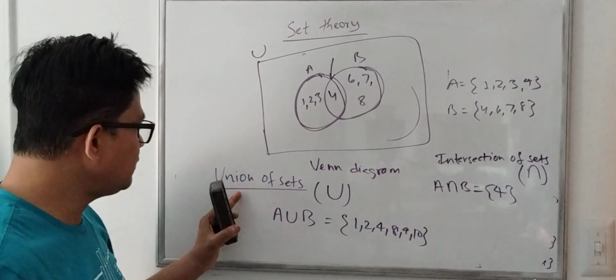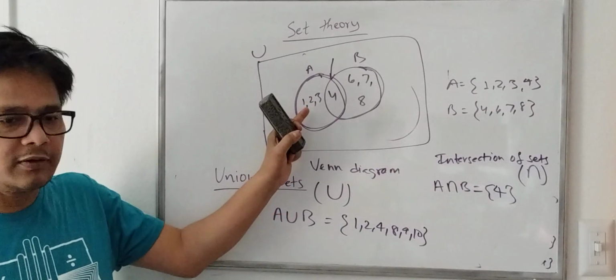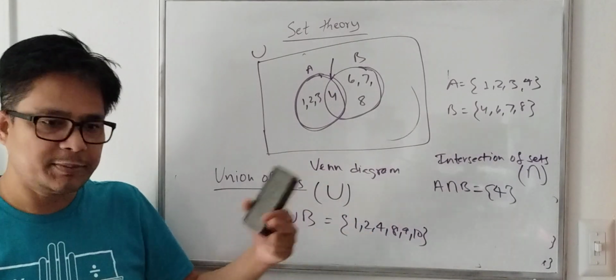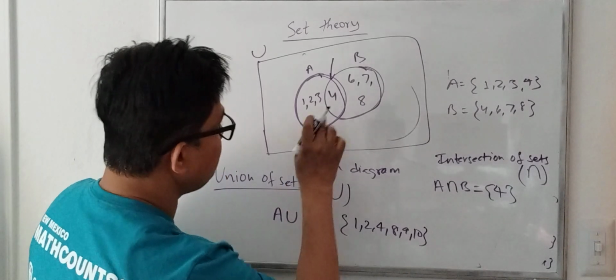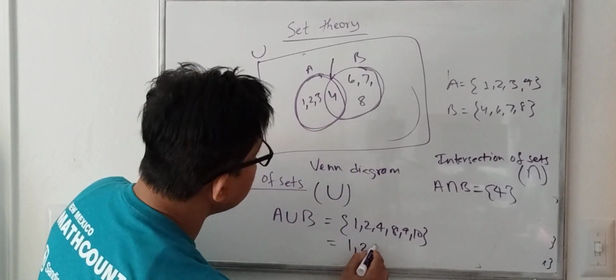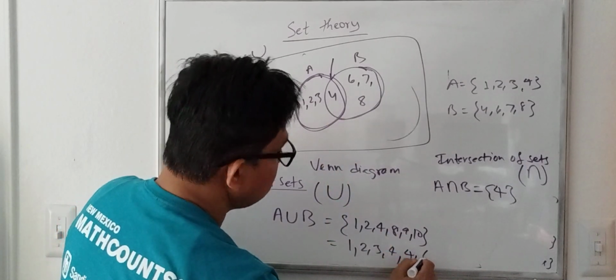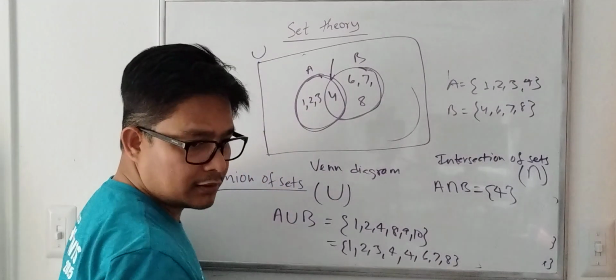So in union, when you are taking the union of two sets, you have to take all the elements from set 1, all the elements from set 2, and make sure you are not repeating the same element. So I cannot write 1, 2, 3, 4 and 4, 6, 7, 8 like this.